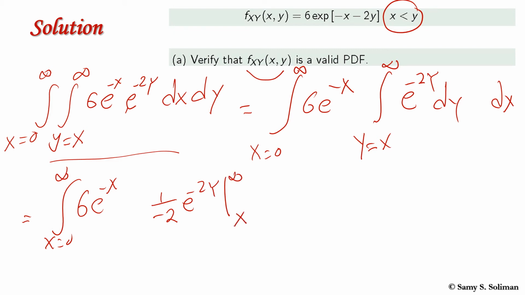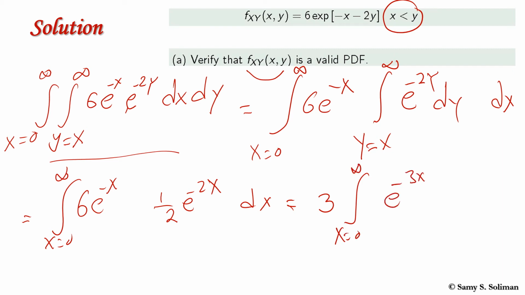This, after substitution, results in half e power negative 2x dx. So we have 3 outside, and then we have the integral for x equals 0 to infinity of e power negative 3x dx, which can be easily verified to be equal to 1.